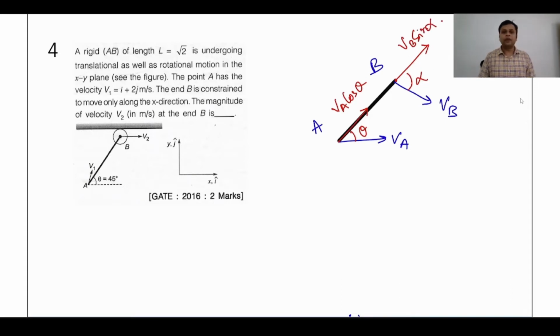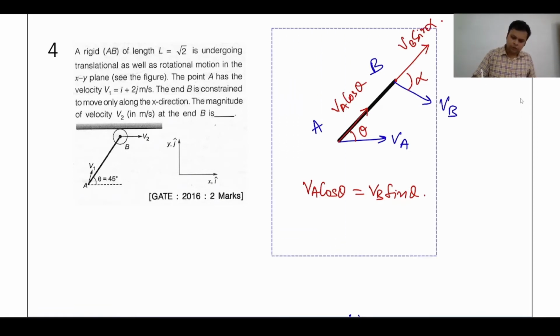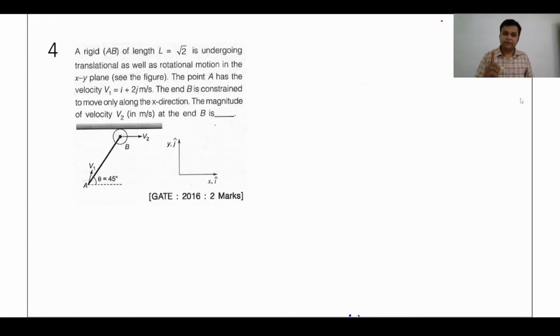So the concept is that the velocity along the rod of both the points will be the same. Same means I can say VA cos theta is equal to VB sin theta. Why so? Use your brain. If these two velocities are different, this cannot be a rigid rod, right? This cannot be a rigid body. So that is the reason. Exact same concept we will apply here. Let us see how to apply that concept.